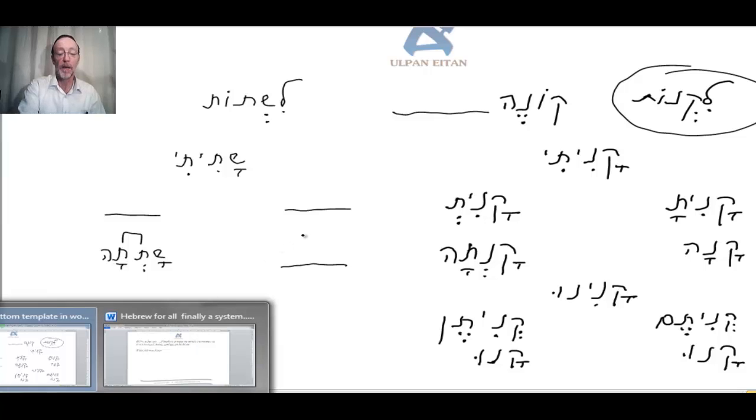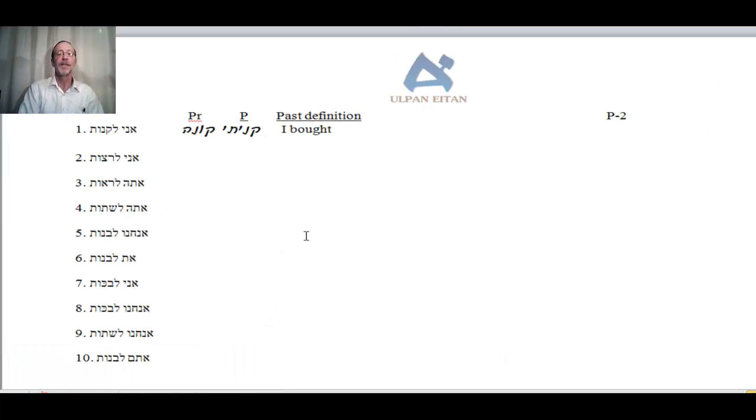And now I'd like to bring up for you the exercise P2, which is what I would encourage you to do. I've done number one right there on the page for you. The verb is liknot. In the present tense, you would write down koneh, konah if it's feminine.